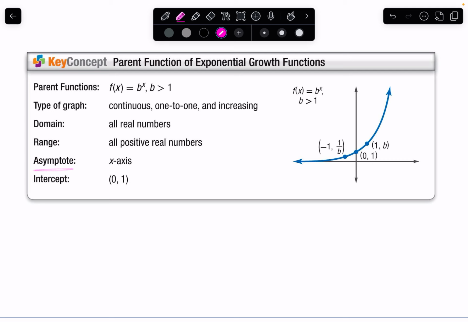I know this looks like it's touching the x-axis, but if you were to look at the numbers, if this point was x is -7, the y value might be 0.00004. It's going to be really close to 0, but it's never actually going to touch 0, and it's never going to cross over into the negatives or actually have an x-intercept.